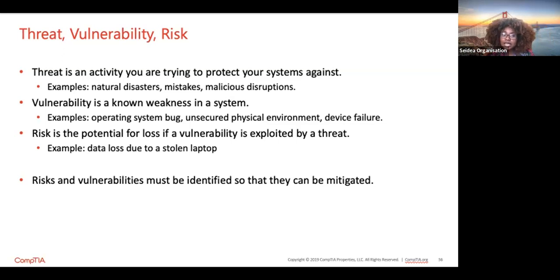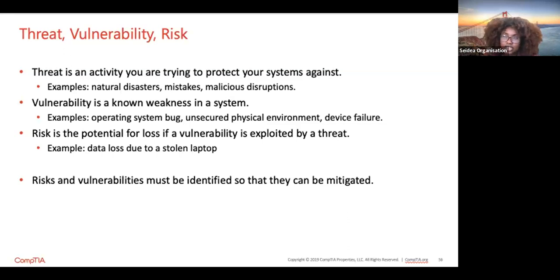A threat is potential harm, danger, a potential activity that can cause harm or damage, while a vulnerability is a known weakness that can be exploited. So when the threat exploits the vulnerability, we then see a risk. So vulnerability and threat equals risk is a good way to think about it.